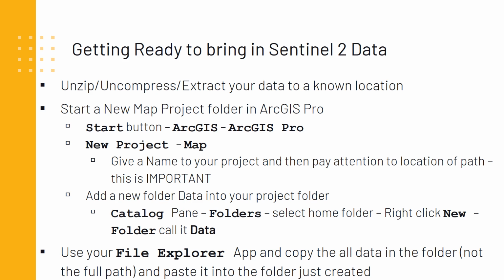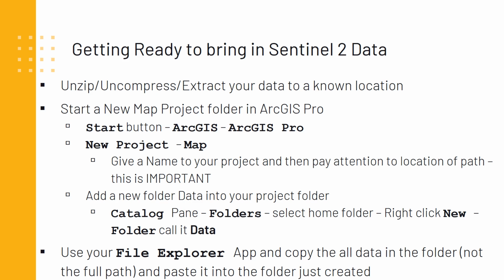Then you're going to go into your File Explorer app. You're going to copy all of the data from the Sentinel 2 folder. I want you to copy just the data, not the full path. So you have to enter it and make sure that you're getting just the data and not the full path that goes along with it. Once you get that, paste it into that folder that you just created.